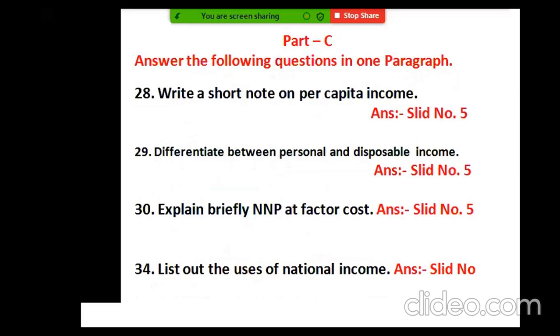Next, in part 3, there are three more questions. For questions 28, 29, 30, the answers are available in slide 5.